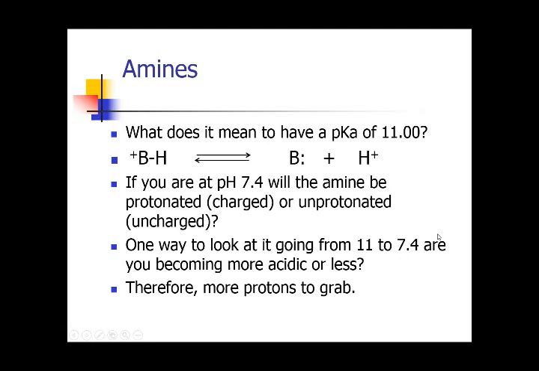Therefore, there's more protons to grab. Because we don't have anywhere in our body a pH of 11, in fact, I think the highest in our body is 8 anywhere, we don't worry about this. Amines will always be protonated. They'll always be acidic because they have an acidic proton now on it.